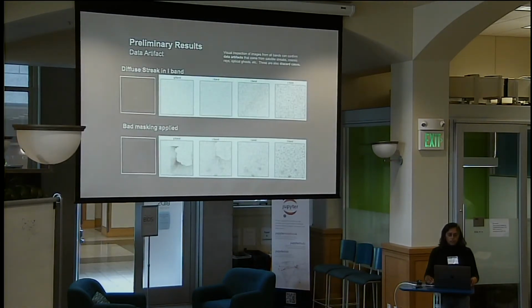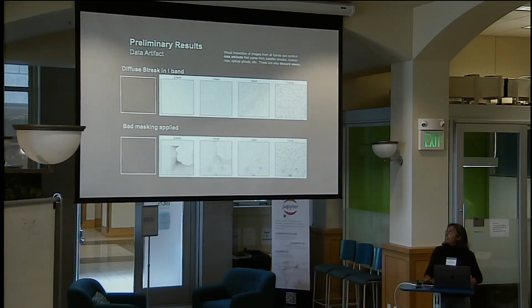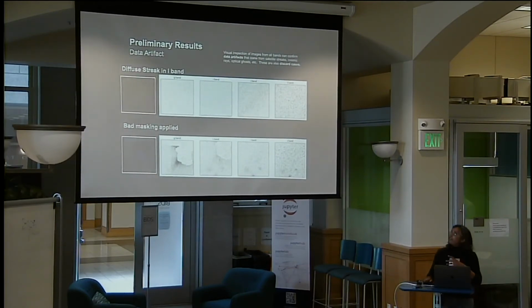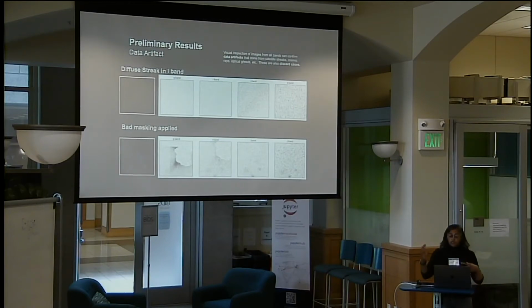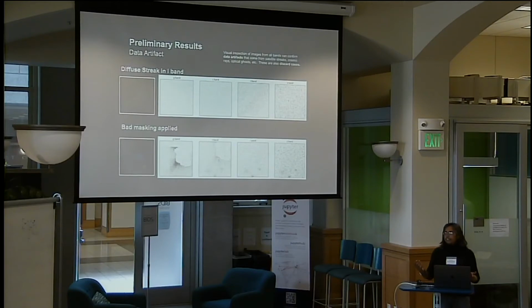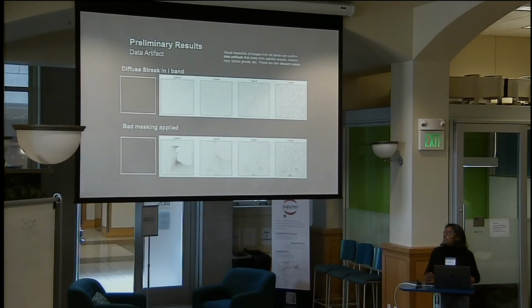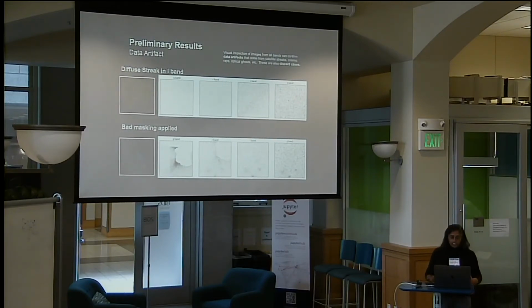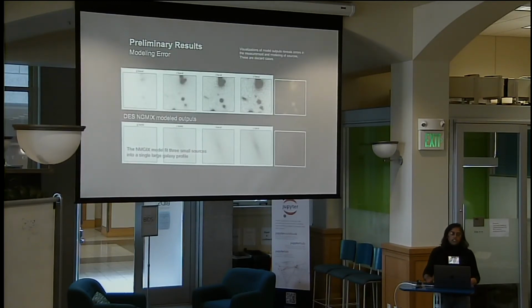So just looking at some preliminary results, these are examples of data artifacts that were found in this gold catalog data. So supposedly gold catalog data. There are a lot of examples of non-detections. There is a very faint, diffuse streak in the I band that was flagged as a source, but there's no source present there. We also found another data artifact, which looks like some bad masking was applied. There are tons and tons of modeling errors.